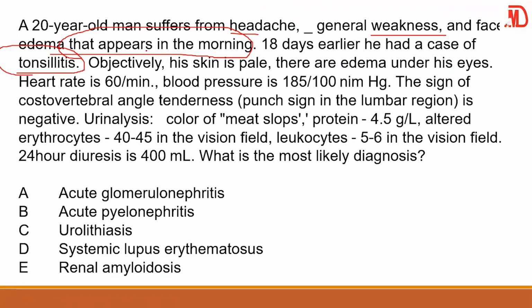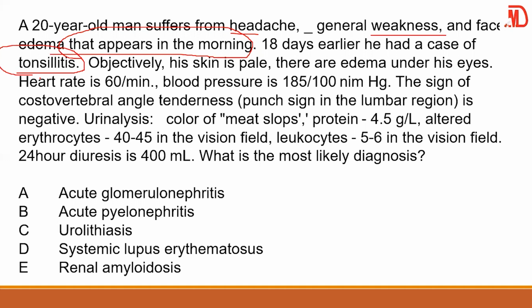A kidney problem, isn't it? But this kidney problem is as a result of this tonsillitis. So you are thinking of what? Post-streptococcal glomerular nephritis. We've talked about this countless number of times. So please, if you are lost, do well to watch the previous videos.